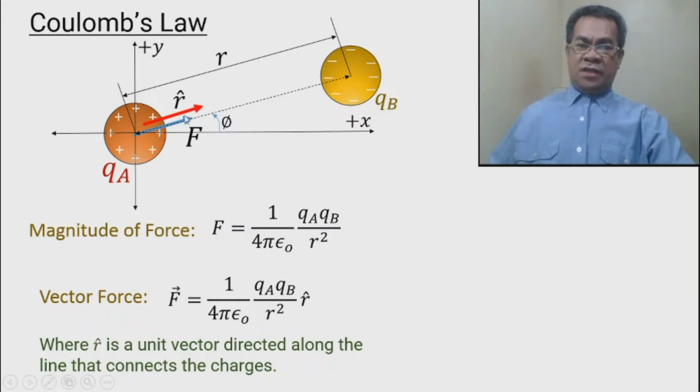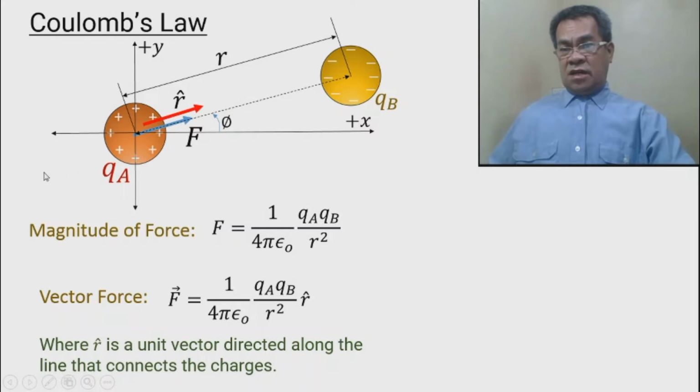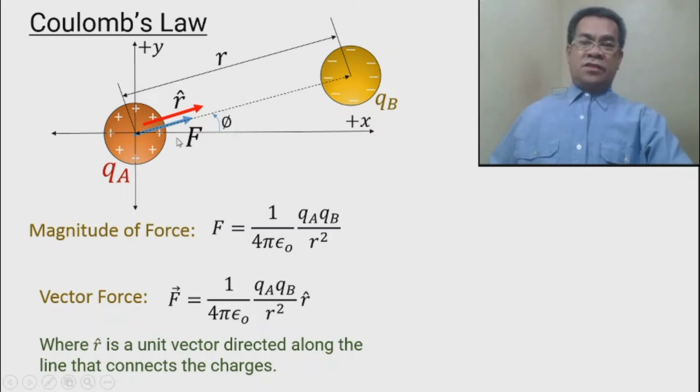So this will be the orientation of our r. It is towards the first quadrant in this case. Okay? If it is away from the charge, then the r hat will be directed towards the third quadrant. So depending on the force, we need this value, remember, because this r hat should be multiplied to the magnitude in order to provide the vector.